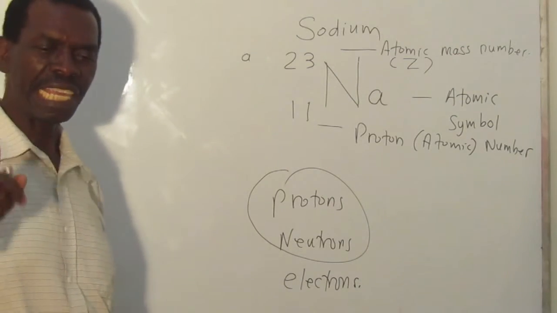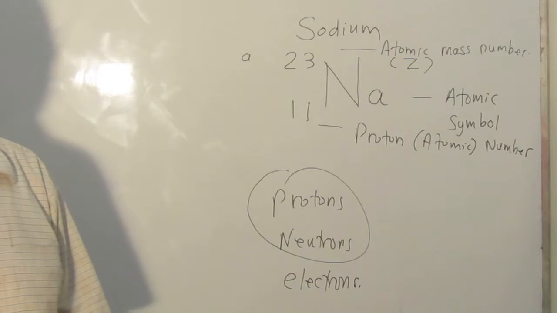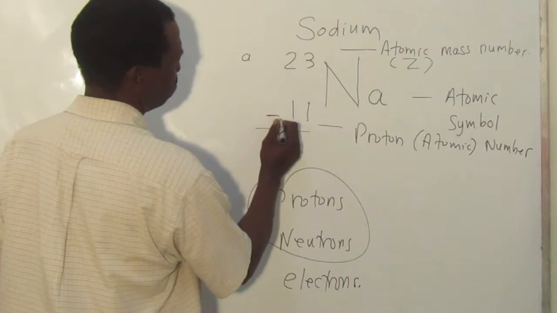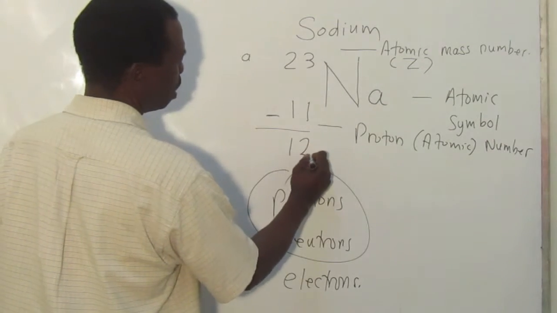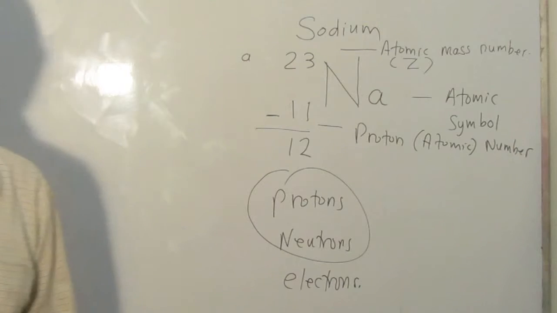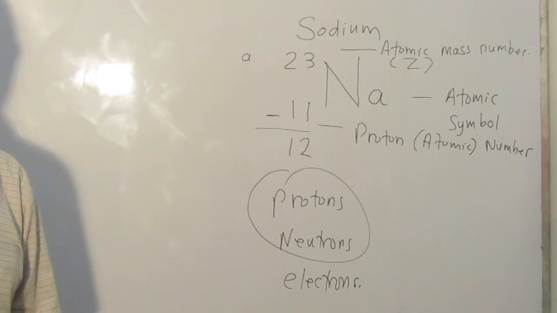Now, there is another hidden number that everyone should be able to understand. When you subtract these, the number that you're going to get is 12. This number is hidden, but it is still very, very useful. Why?